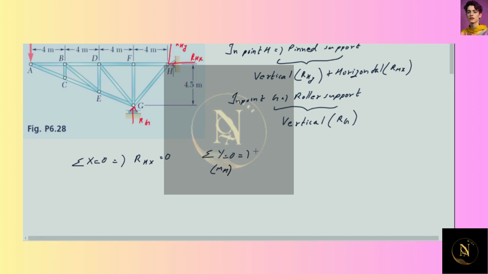So that gives us minus of RG into the distance, plus the 48 into 4 plus 4 plus 4 plus 4, that is 16, 16 into 48 equal to 0. So from here we can write RG equal to 192 kilonewton.